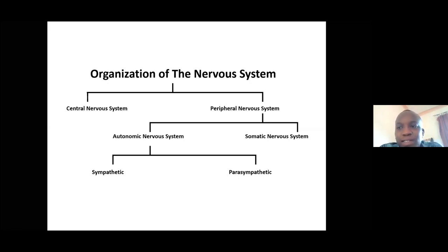Meiosis is the same as pupil constriction. Sorry, I beg your pardon. The sympathetic causes mydriasis, which is pupil dilatation, and then the parasympathetic causes meiosis, which is pupil constriction.